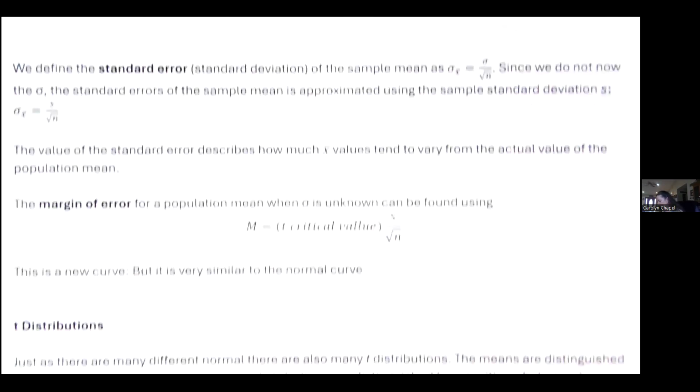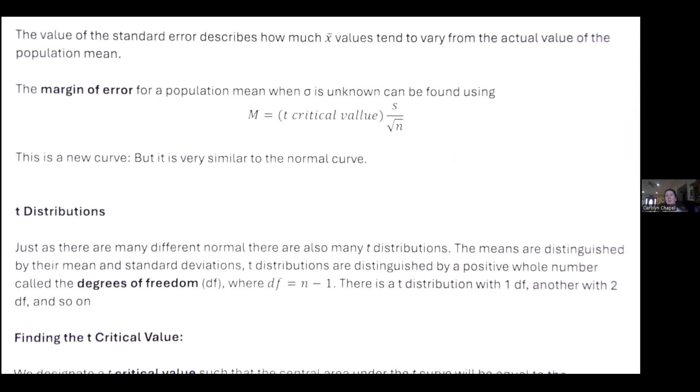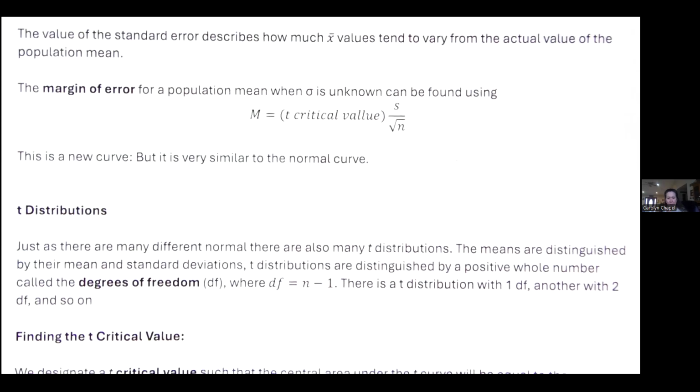Just like the normal curve, there are lots and lots of t distributions. However, the ones that we'll be looking at are all standardized t distributions, so they're going to be centered at 0. But every curve can be standardized to a slightly different t curve using degrees of freedom.